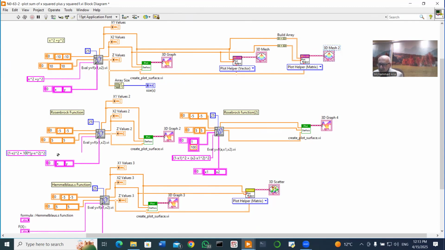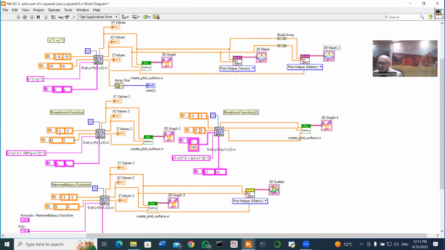So the Rosenbrock function is now fed to our VI. The ranges here are changed. I changed them because these are closer to the real limit values of the Rosenbrock, with minimum value minus 5.12 for x and y, and the upper limit 5.12.